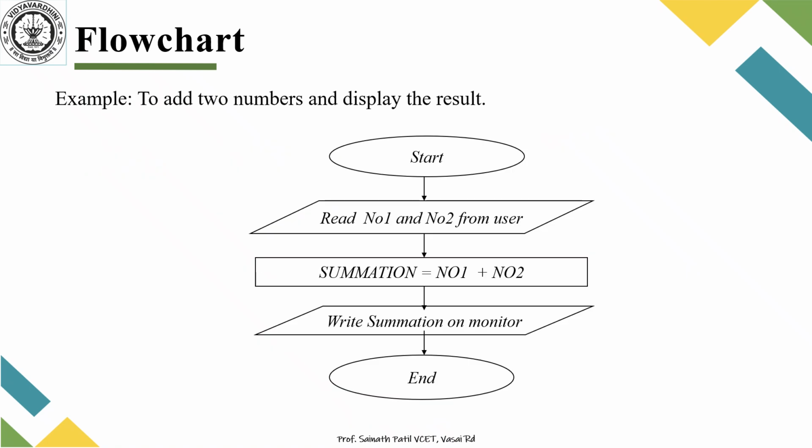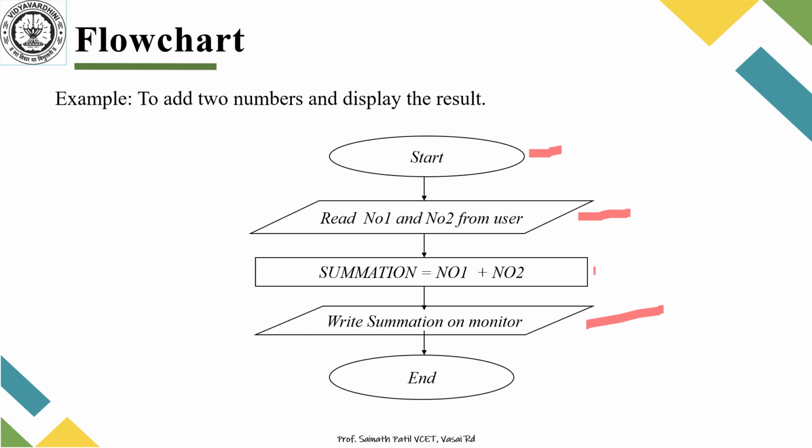Let's look at the example of a flowchart to add two numbers and display the result. So start is represented in an oval or ellipse shape. Then this is input and this is output, represented in a parallelogram. Read number one and number two.